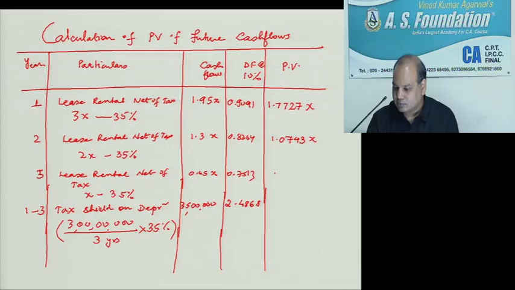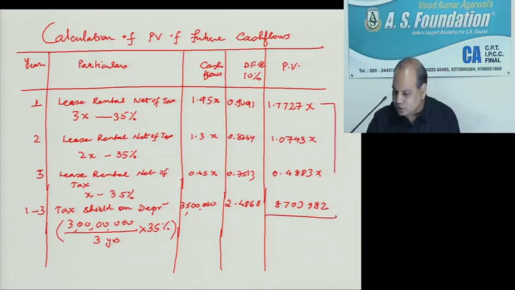Next, 0.4883x is right. And the last one, 870398.2. First take total of these 3 numbers. How much? 3.3354x.